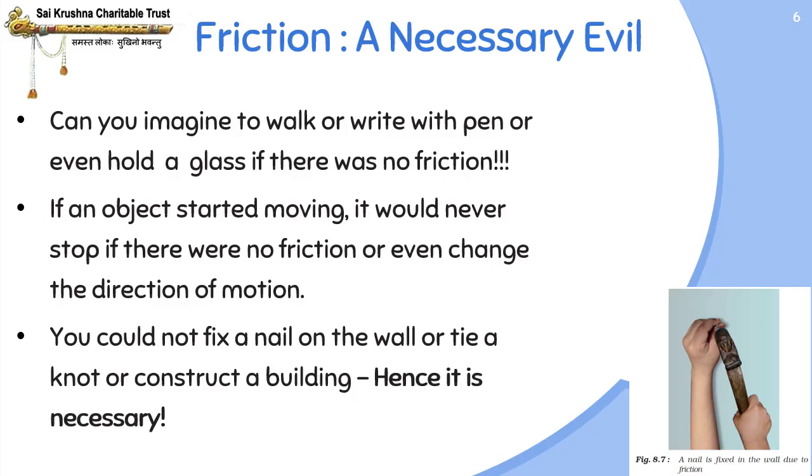If there's no friction and we are trying to hammer the nail into the wall, it will never go inside because it will slip on the surface of the wall. So all these examples prove that friction is necessary.